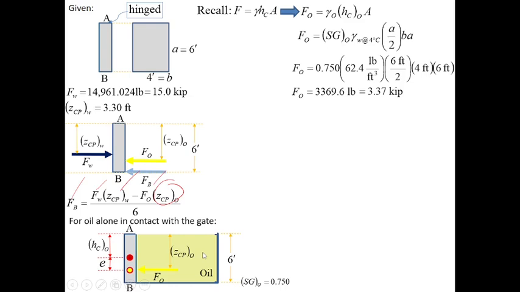And we have now eccentricity due to oil plus HCO will give us ZCPO. So that is A over 2 plus IXC over HCO multiplied by the area.